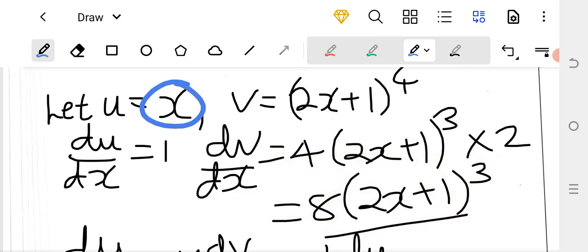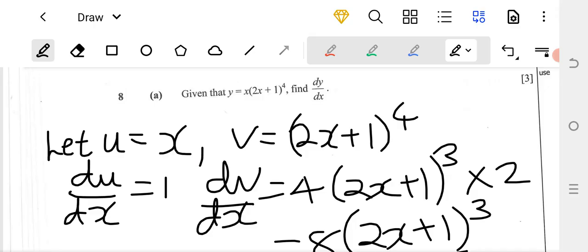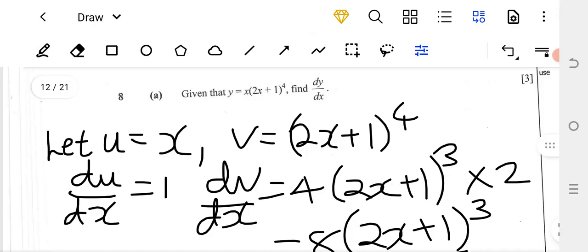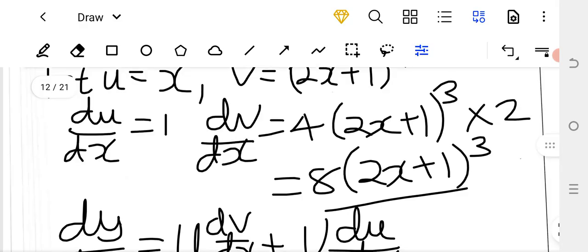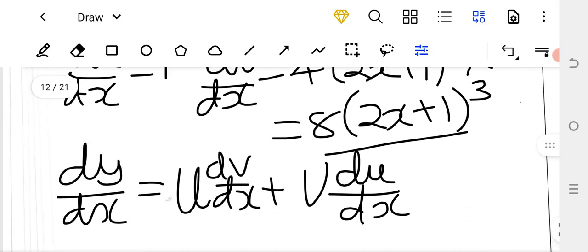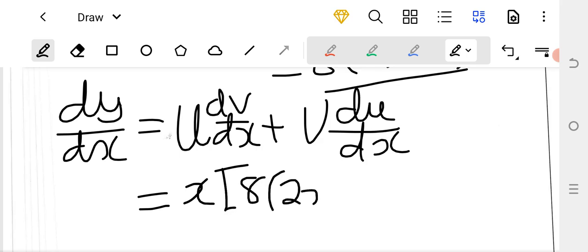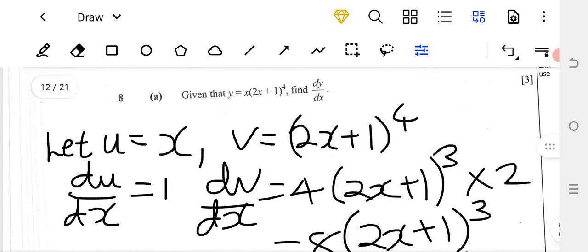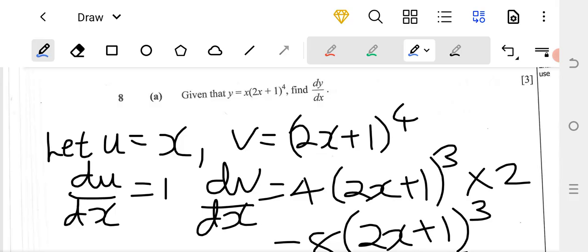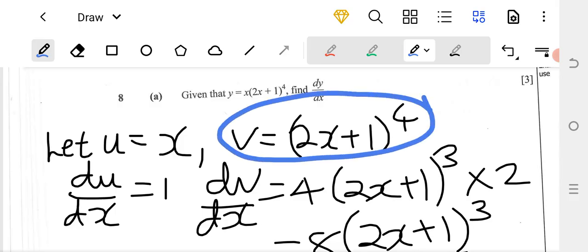That's what we are going to write: x multiplied by 8 (2x plus 1) to the power 3, plus v du/dx. This is our v, and then this is our du/dx.